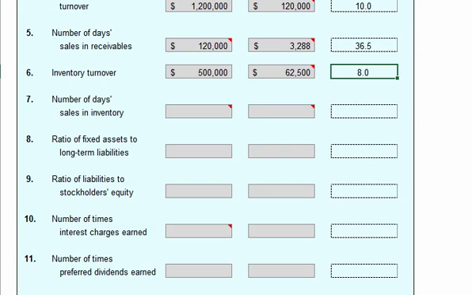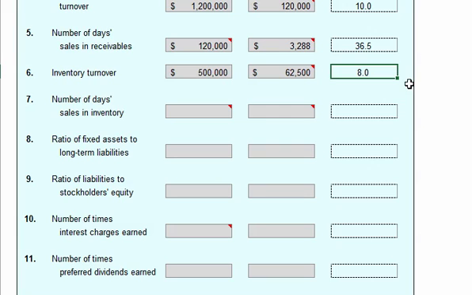Well, you guys, you want to turn that over as many times as possible, so you'd rather see that go up to 10 than down to 6, right? You want to sell your current inventory and get new inventory in as many times as possible during the year. If you divide 8 into 365 days, let me punch that in my calculator.